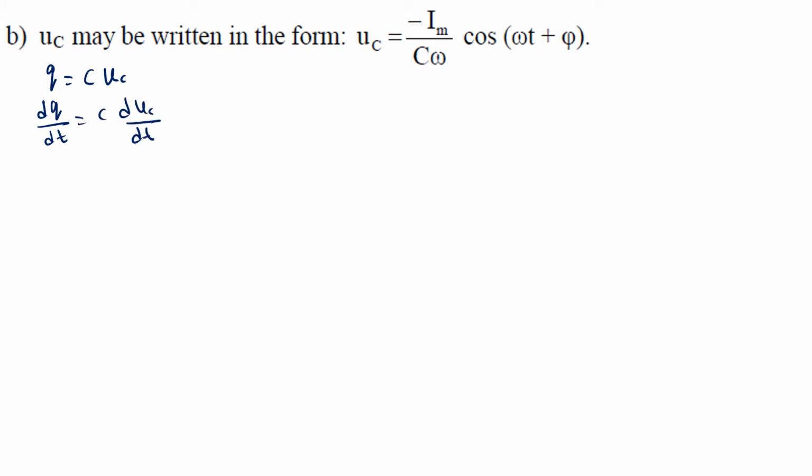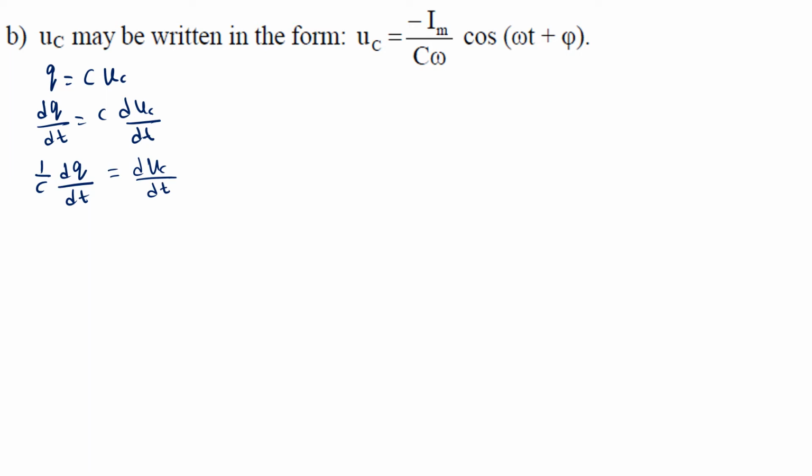Why is C not after the derivative? It's because C is a constant. It will not be affected. So now divide both sides by C. We will get 1 over C dQ by dt is equal to dUC by dt.